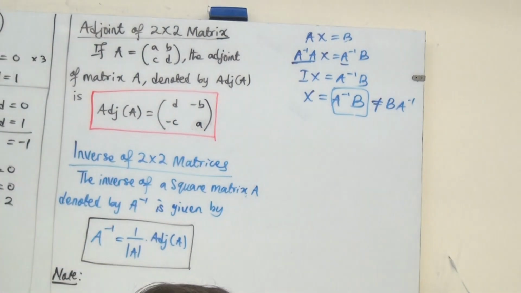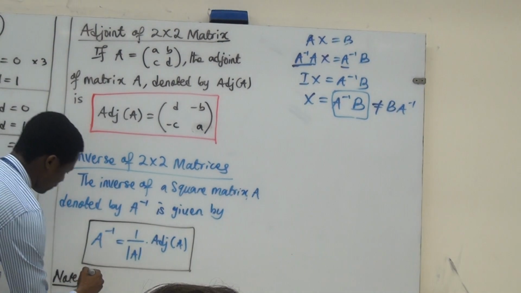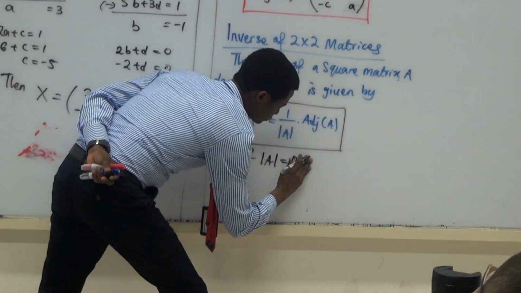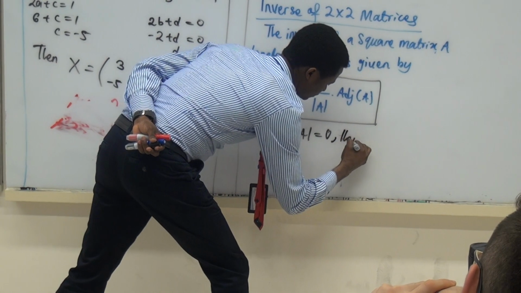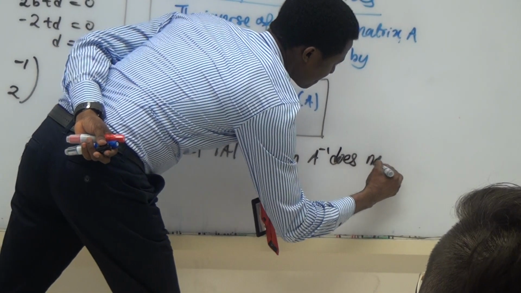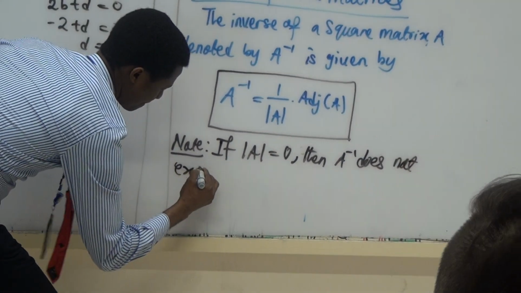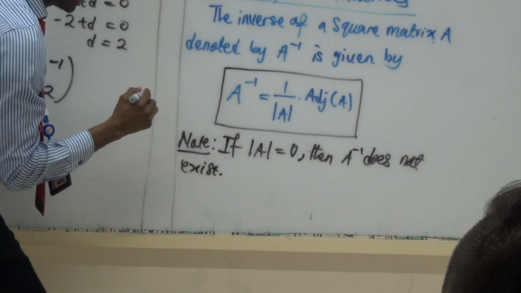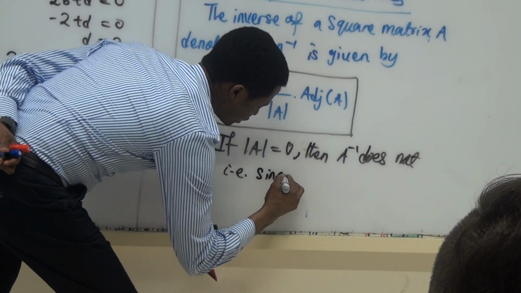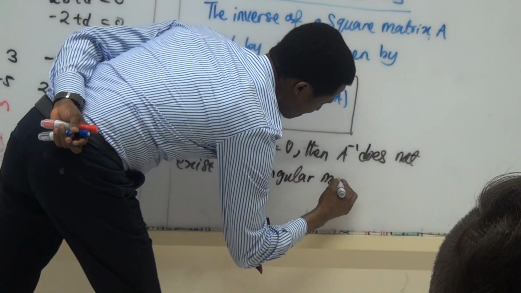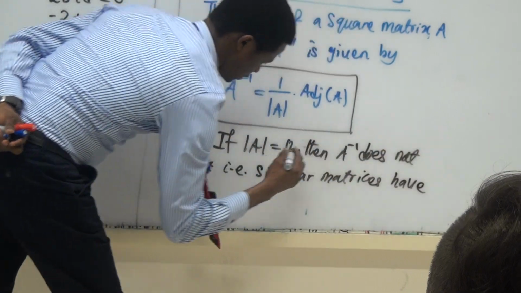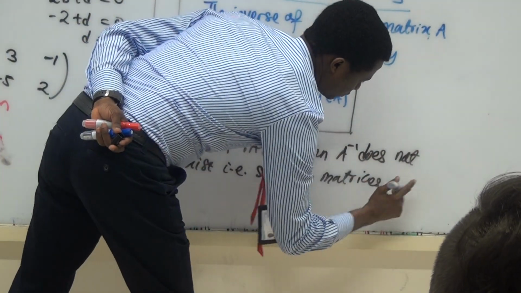So we're going to take the inverse of a few matrices. Let's write a remark. If the determinant of A is 0, then A inverse does not exist. What does that mean? That is, singular matrices have no inverses, are not invertible.